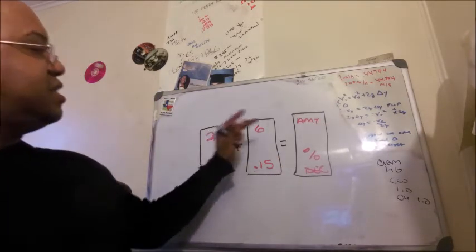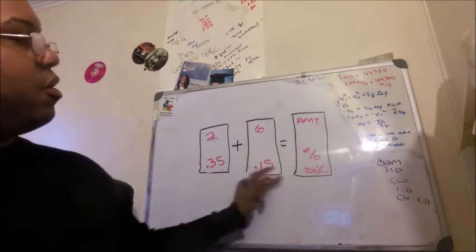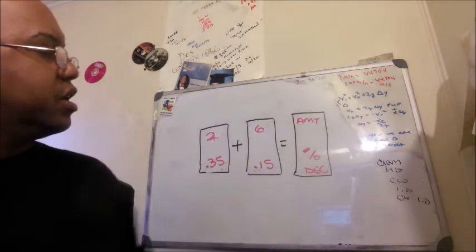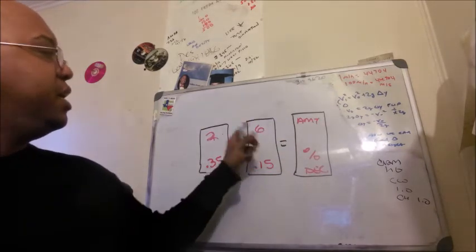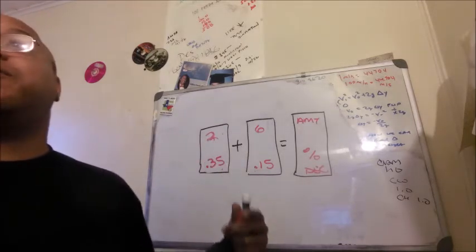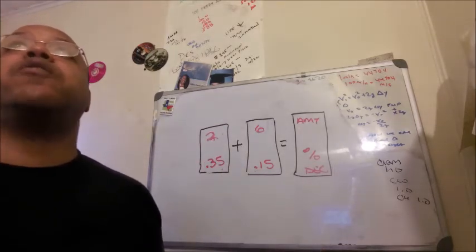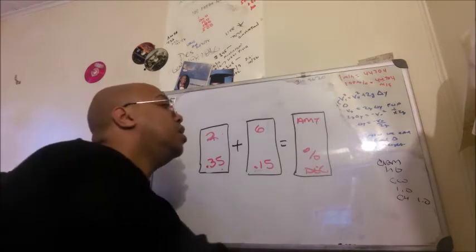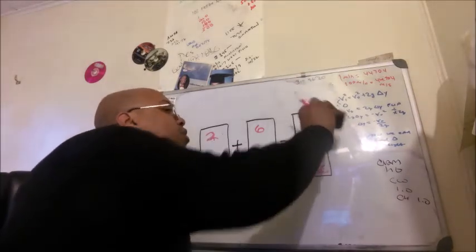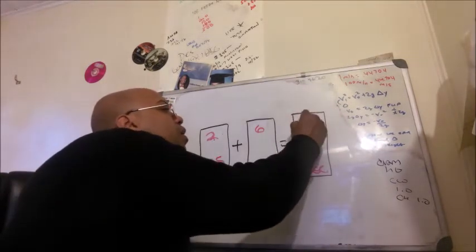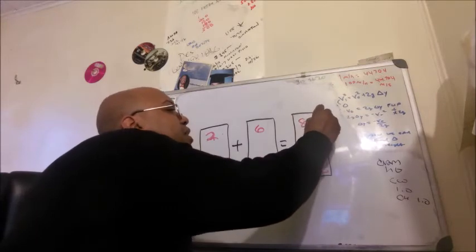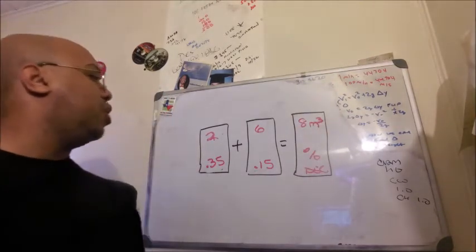So when we mix these two containers together, we're going to get a resultant container. And it's going to be an amount. We already know the amount. It's going to be 8 cubic meters of soil, right, guys? Right. All right. So we're solving the mystery. 8 cubic meters of soil.